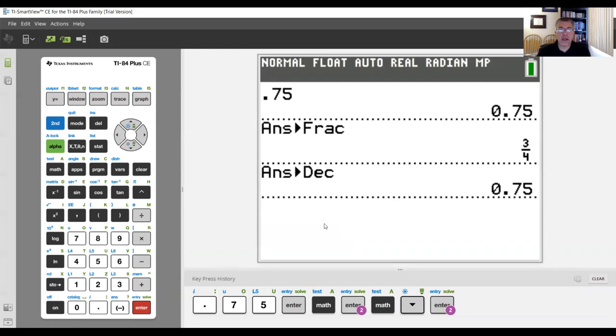Okay, the next thing that I'd like to cover is how to graph a graph on the calculator. I'm going to go to the very top left-hand corner of the calculator faceplate, and there's a y equals button, and I'm just going to press that y equals button.